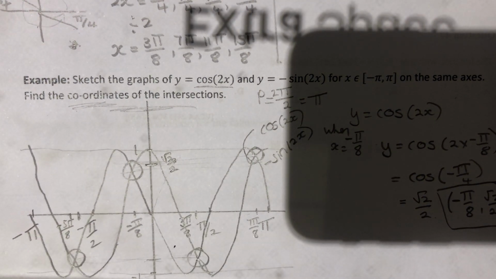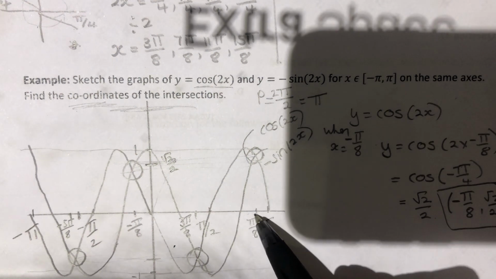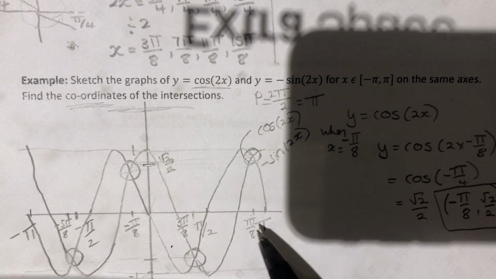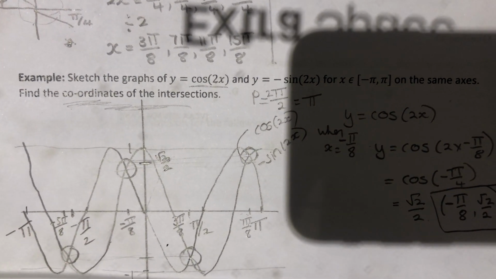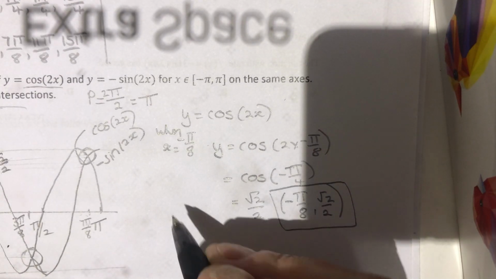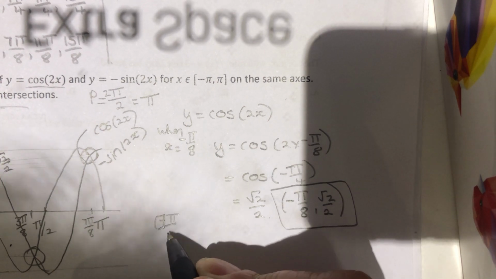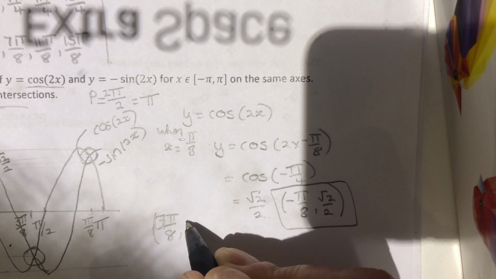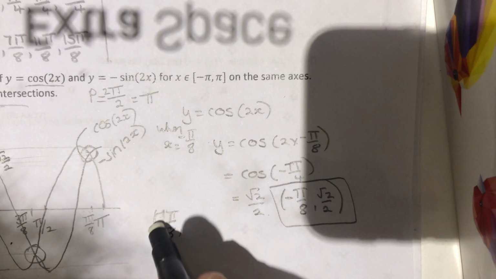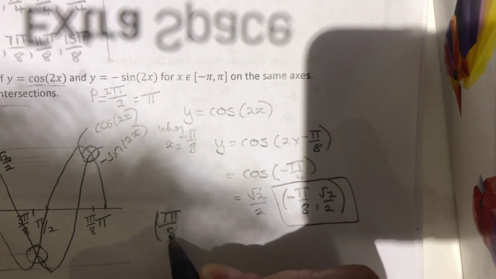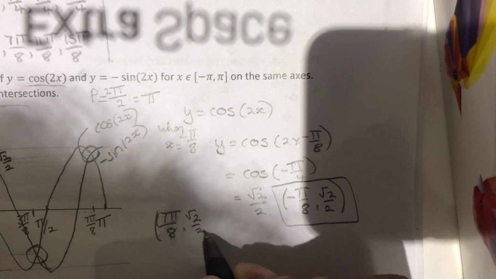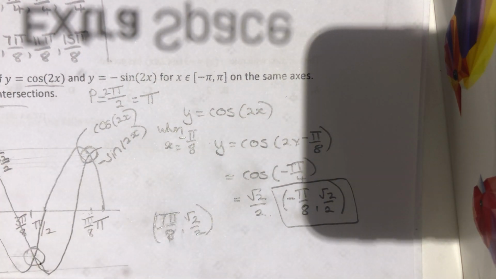Now, from there, you should therefore be able to say another point, and another point will be 7 pi on 8, root 2 on 2.